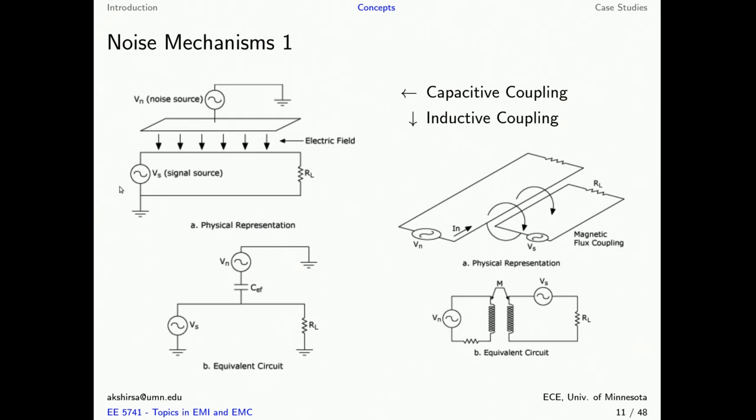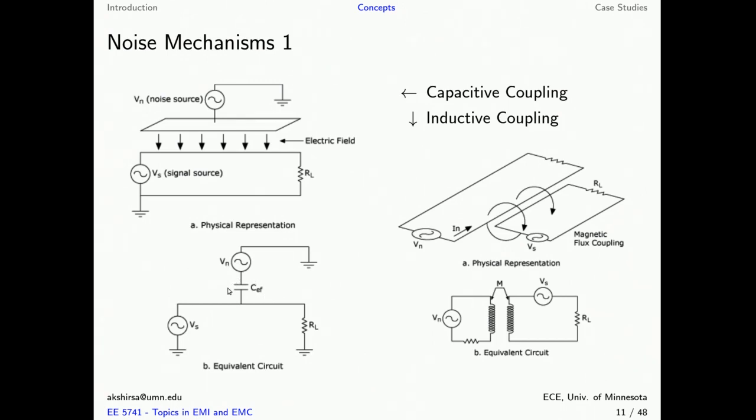Next to it we have our system, which is what we are using, and it has a wire that runs close to this conductor. Due to this electric field there's going to be some voltage induced at this point, and as a result this RL is going to see the input signal Vs, and in addition some amount of noise coupled from this noise source Vn. Now the equivalent circuit looks somewhat like this.